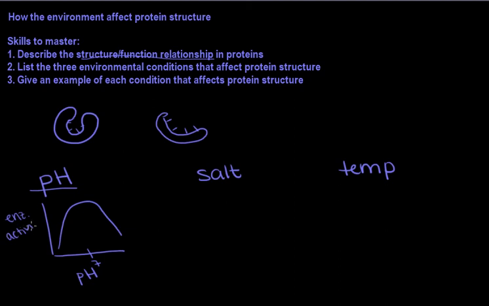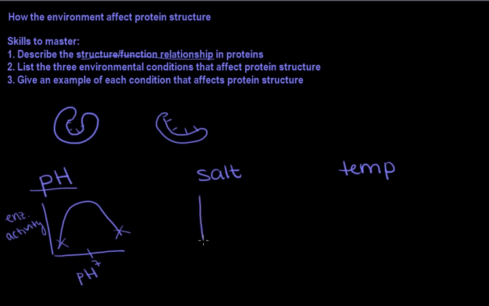And it gives us this bell-shaped curve. And so what this means is if the pH is too low, this is bad, because we don't get the same enzyme activity, we don't get the function, because we've changed the structure. And if it's too high, same thing. We don't get the activity because we've changed the structure.